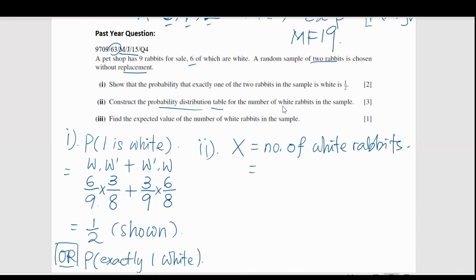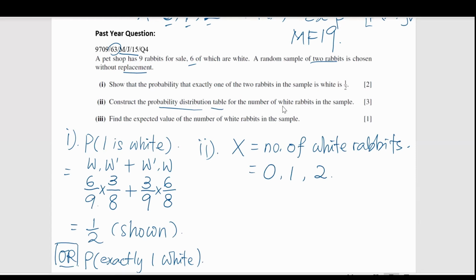So the number of white rabbits here could be 0, which simply means 2 rabbits are chosen and both are not white. So X can take a value of 0, 1, out of 2 rabbits, 1 of them is white, or 2, out of 2 rabbits, both rabbits are white. So these are 3 possible values X can take.